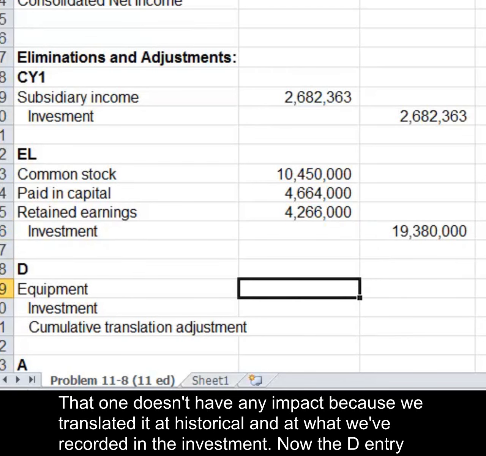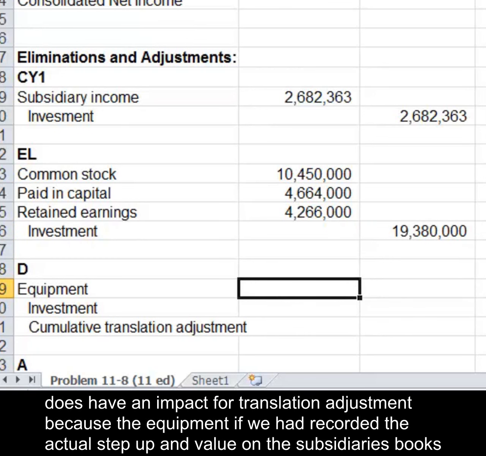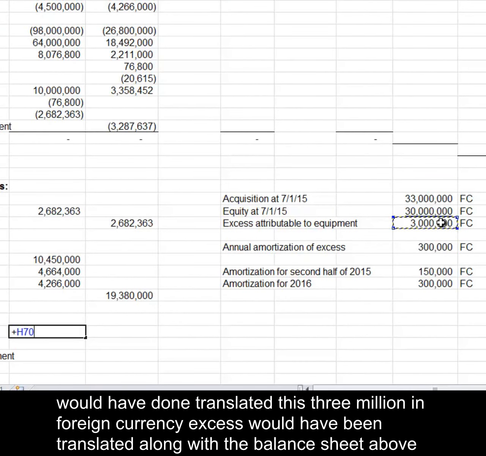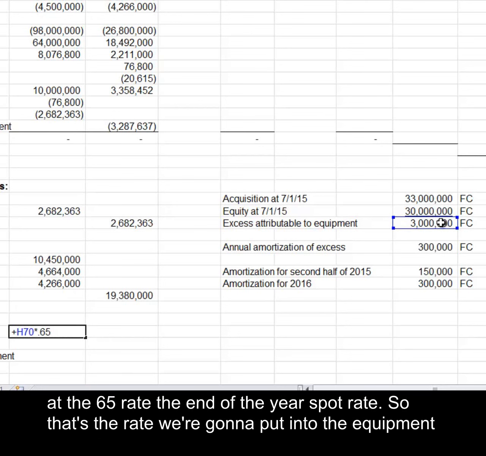Now the D entry though does have an impact for translation adjustment, because the equipment, if we had recorded the actual step up in value on the subsidiary's books, would have been translated. This 3 million in foreign currency excess would have been translated along with the balance sheet above at the 65 rate, the end of the year spot rate.